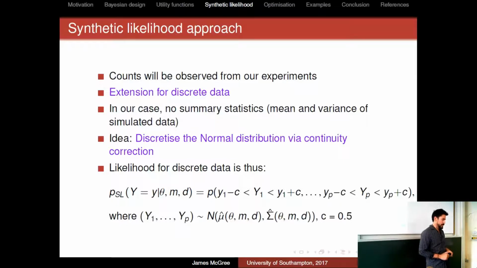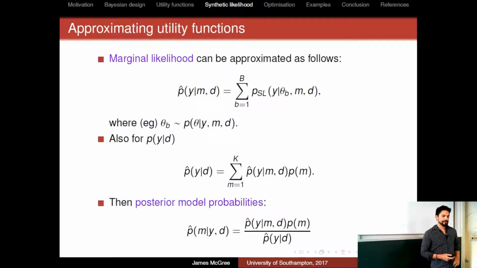There are probably more obvious choices in place of this multivariate normal distribution, and we tried some of those, and I'll talk about that later. But this is how we approximate the likelihood in these intractable likelihood settings.